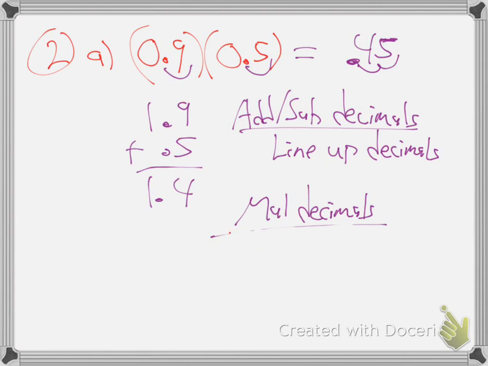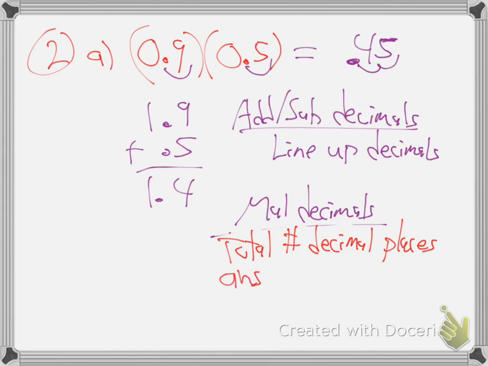The total number of decimal places in the answer equals the other two added. Right? You add them up. You just go 1 place, 2 place. Right? 1 place, 2 place, 1, 2. So that's how we place the decimal when we're multiplying.